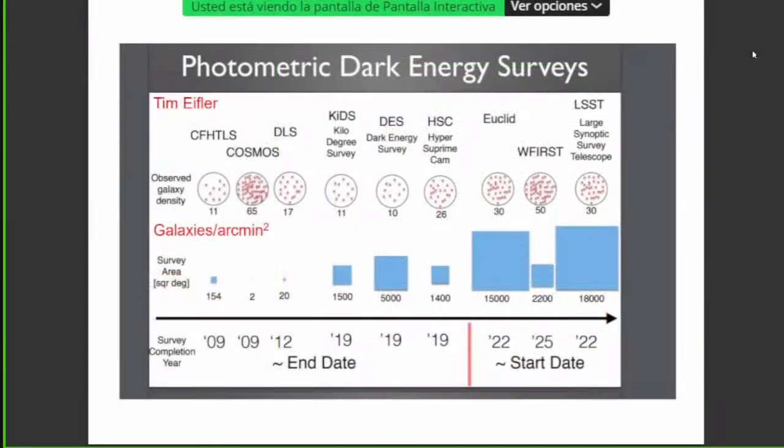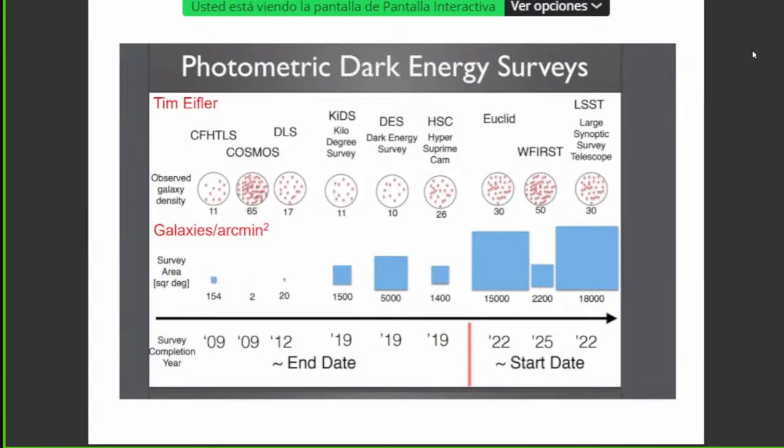So this is a comparison of photometric surveys. This is a slide I stole from Tim Eifler, so it's not my slide. These are the different photometric surveys and the dark energy surveys: the Hyper Suprime-Cam, Euclid, WFIRST, now Roman, and LSST is here.